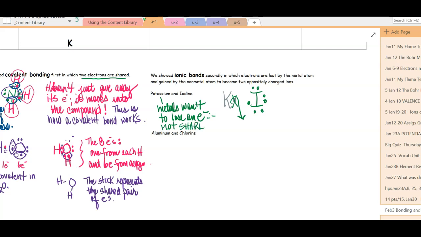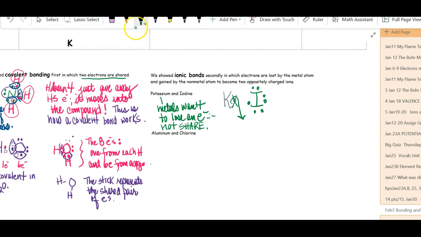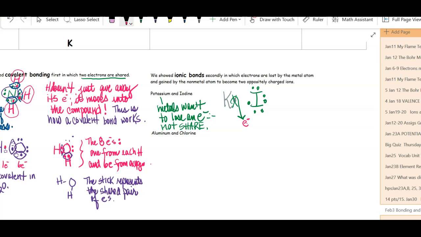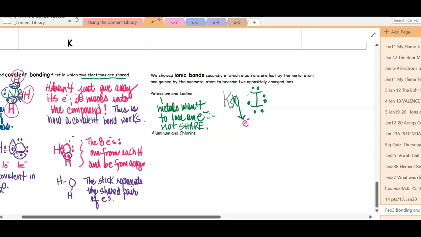Because they're trying to get their full 8. So we'll give this electron now a new color. There's that electron that has moved out. Well, iodine wants to put one here, and it has a plus 53 charge. So it's going to come right out and get that and put it right in there. And now the difference here is iodine has 8 electrons in its valence shell.